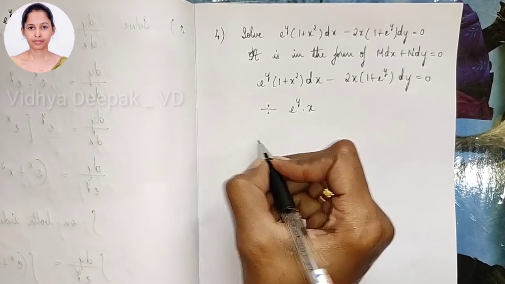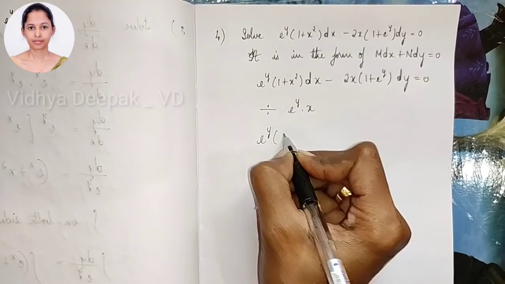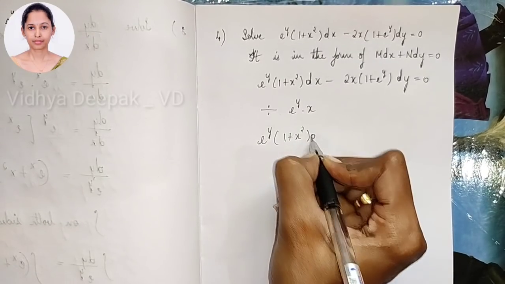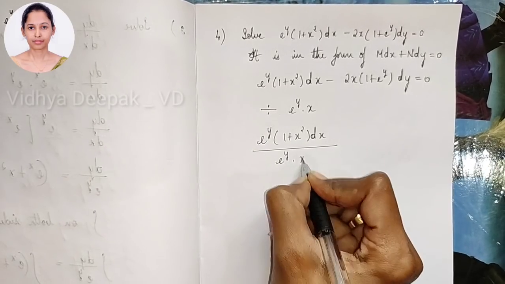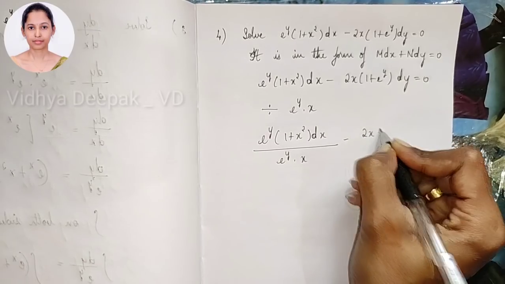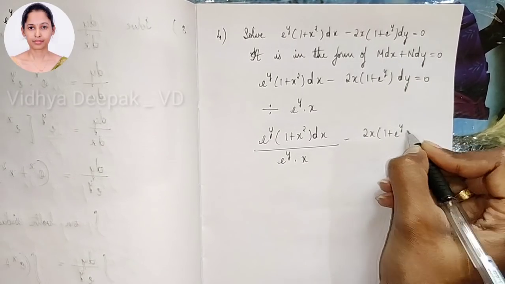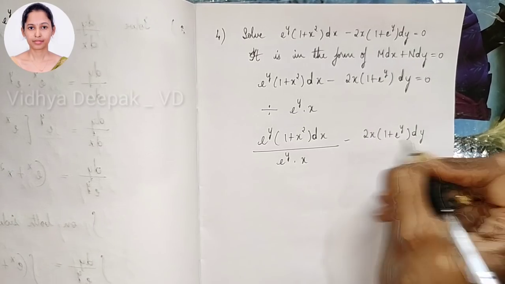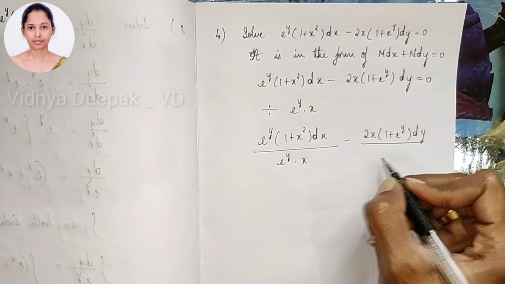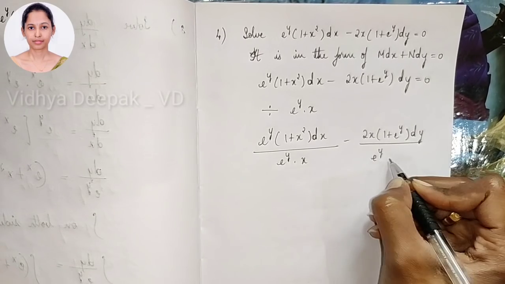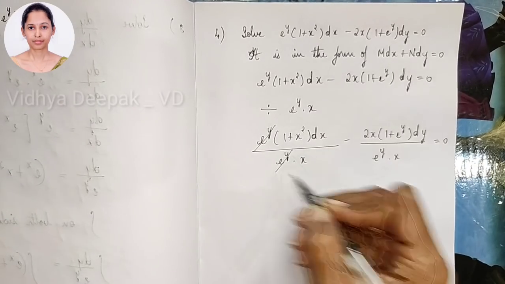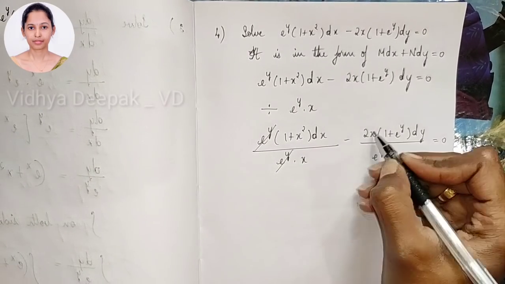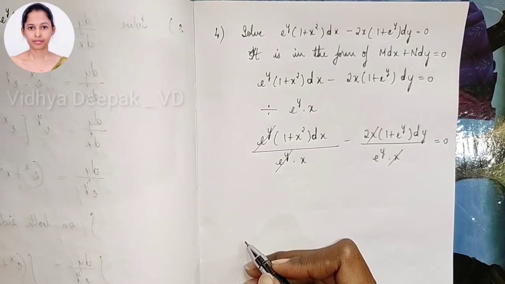So what do we get? e power y into 1 plus x square dx divided by e power y into x minus 2x into 1 plus e power y dy divided by e power y into x is equal to 0. Here e power y gets cancelled. Here x and x gets cancelled.